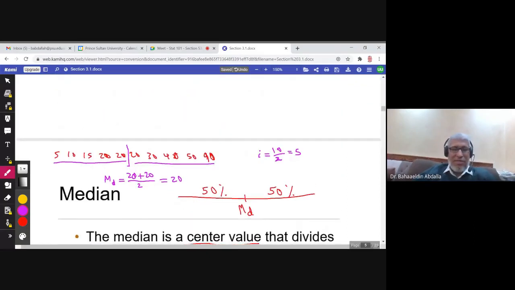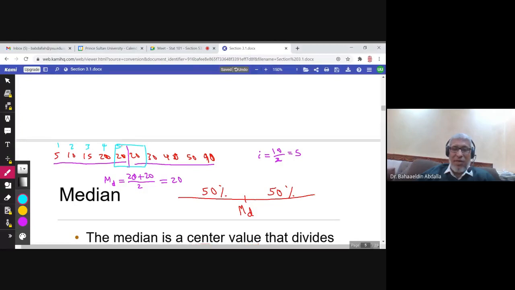So this is value number 1, value number 2, value number 3, value number 4, value number 5. Value number 5 is not the median. No, you have to take the average of value number 5 and value number 6. So this is number 5 and this is number 6. So you add 20 plus 20 over 2 and you get 20.